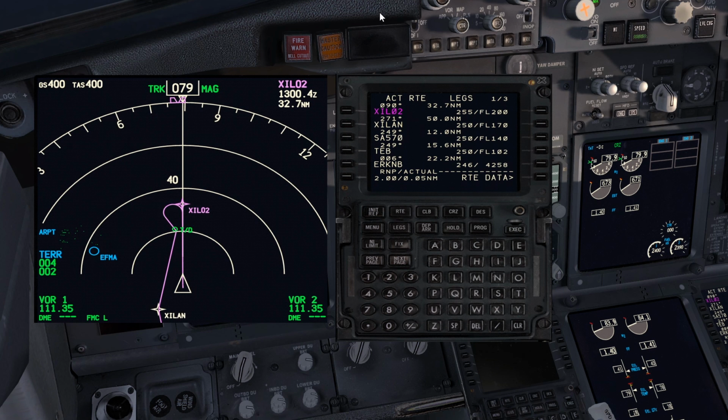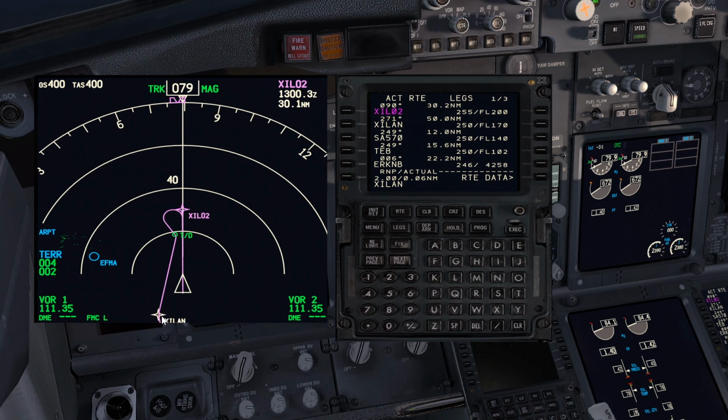I will show you fast also how you can create waypoints if you want to build your own approach or if you want to correct something. So what you do is you take a waypoint or VOR or NDB or whatever you want. For example, we'll use Sealand. You get it in the scratch pad.